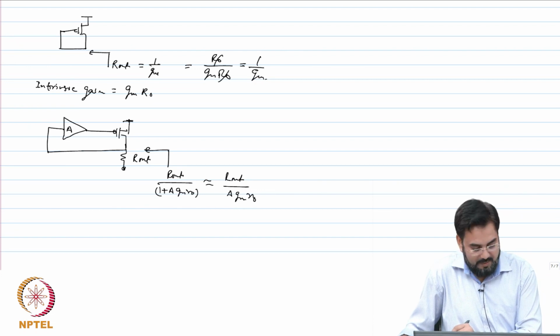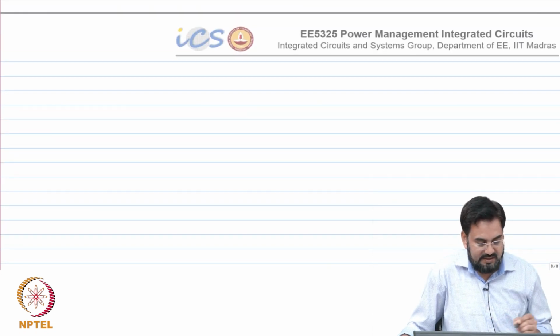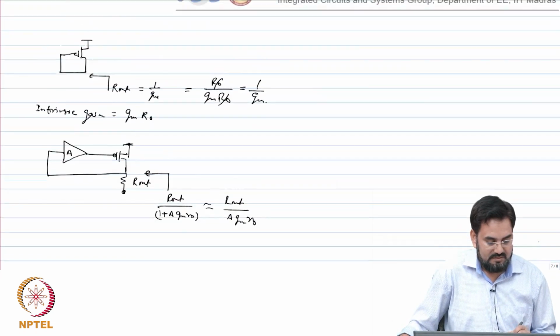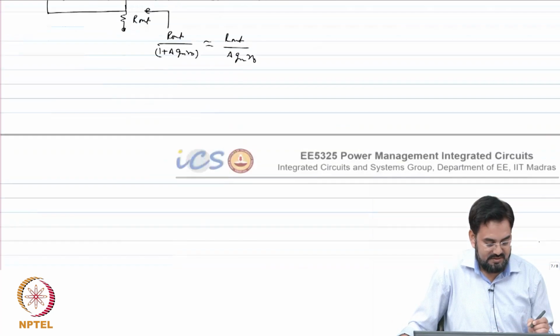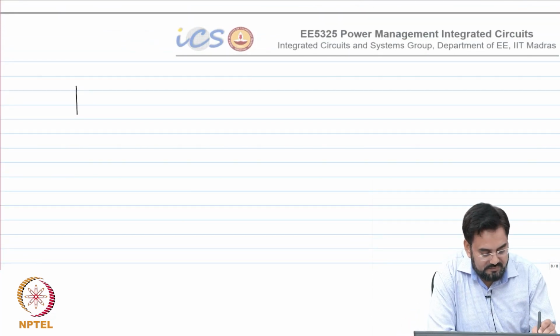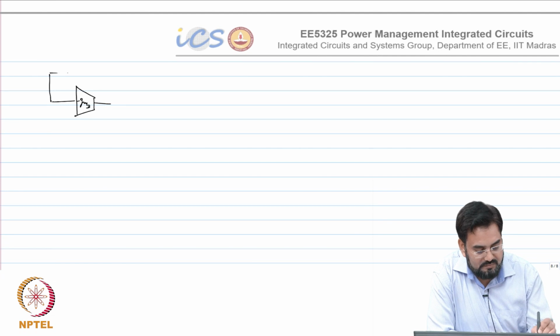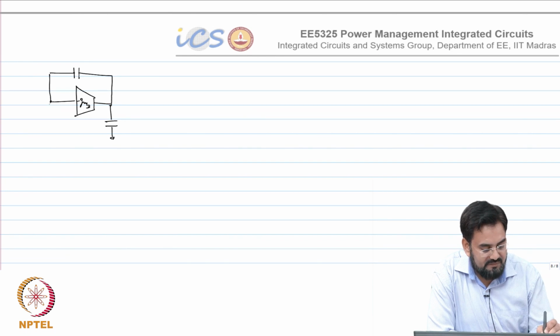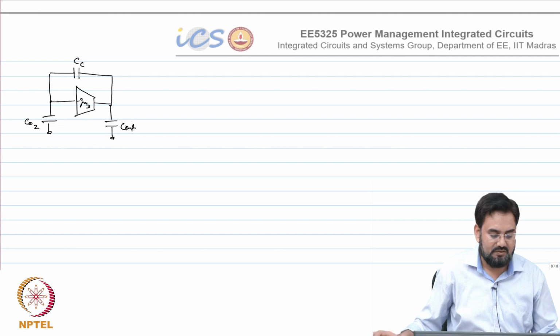Now, take this particular case, the output stage. So, I have Cc, CO2 and let us say C out.